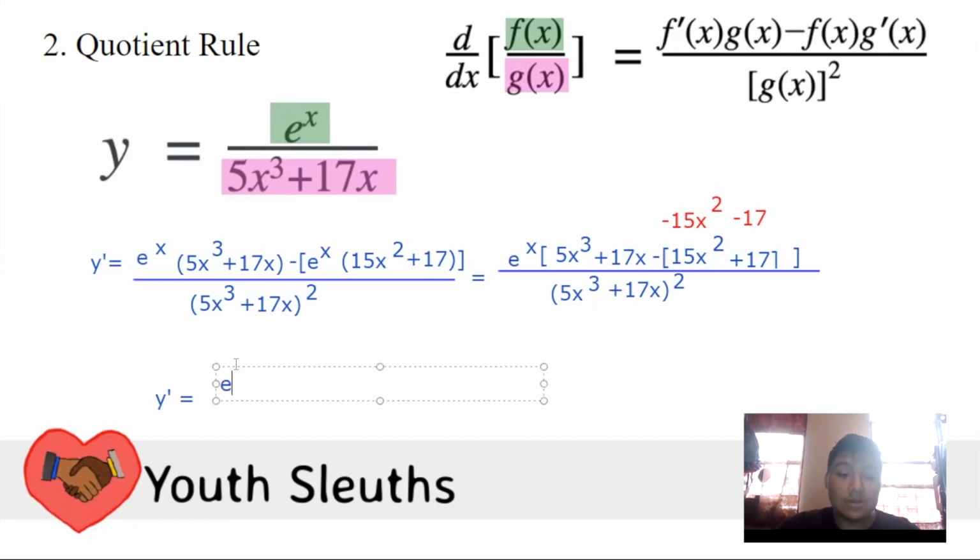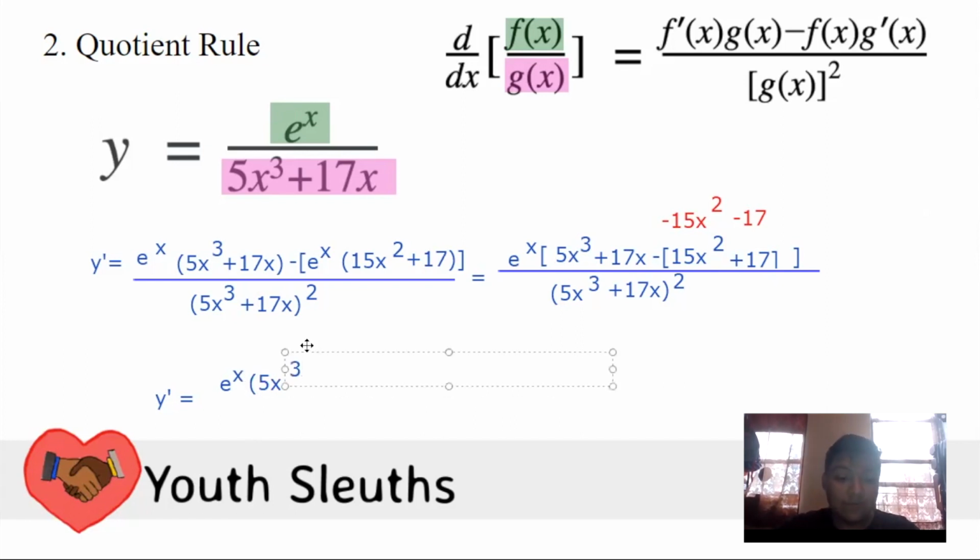So again, since we factored e to the x, we have that outside, and then inside parentheses, 5x cubed. There's only one x cubed, so 5x cubed is unchanged. And then we only have negative 15x squared.